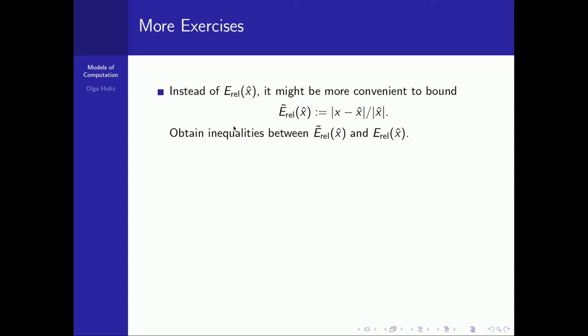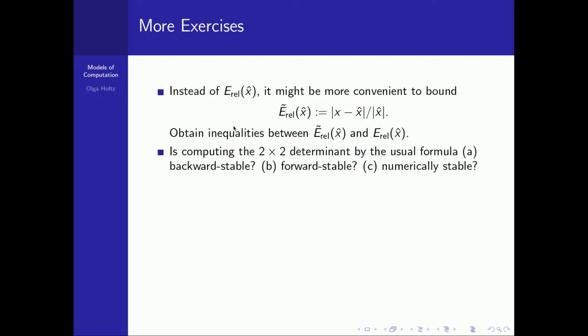That's usually more accessible to us, okay? And then you can obtain inequalities between this measure of relative error and this slightly more idealized measure of absolute value relative error. So this first exercise is about obtaining these inequalities. It's quite simple. You should be getting this fairly simply.